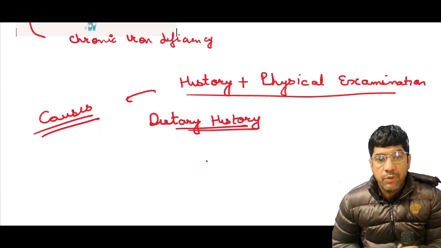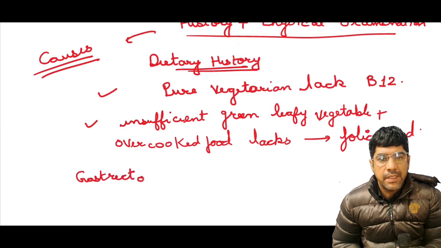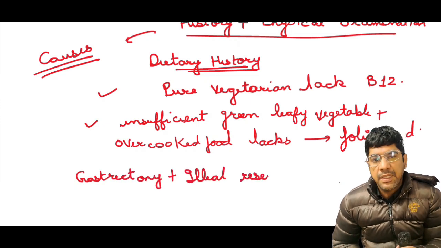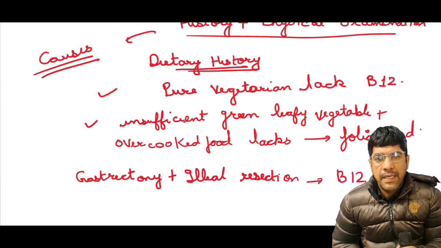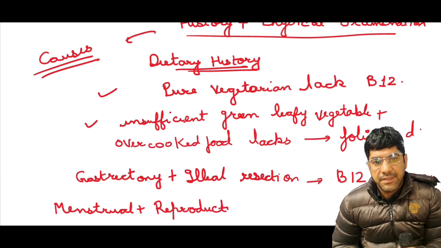Apart from that, you have to also take the drug history, inquiring about medications that could potentially cause bone marrow depression or autoimmune hemolytic anemia. In the past medical history, conditions like gastrectomy or ileal resection could indicate B12 deficiency anemia, while the menstrual and reproductive history could help to assess the iron status.